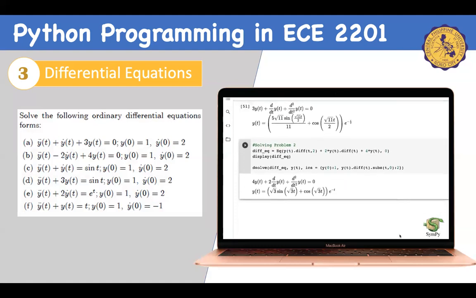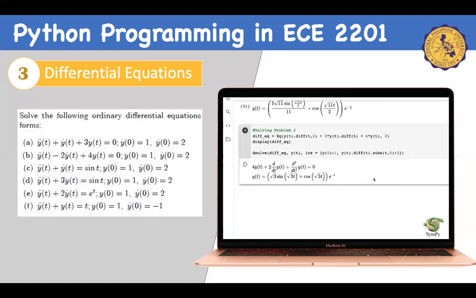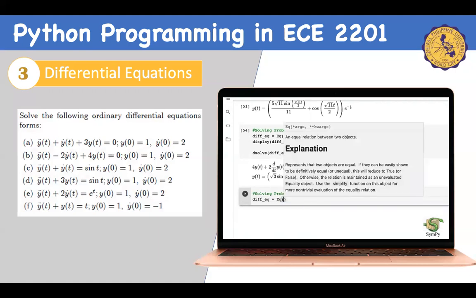Now let's solve the last problem here. I think this will be the last problem. Try to practice now the problems that we haven't solved here. You can pause the video if you want. Now we have the differential equation for problem number 3 of EQ.